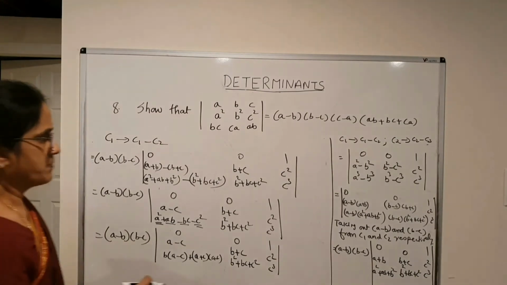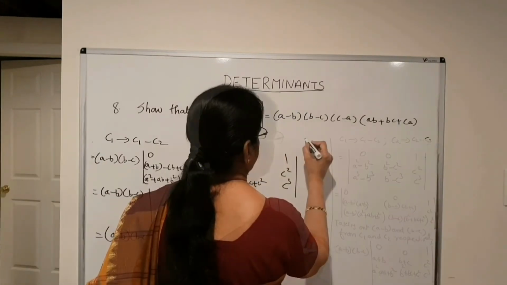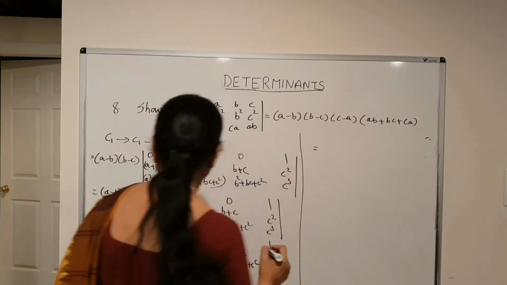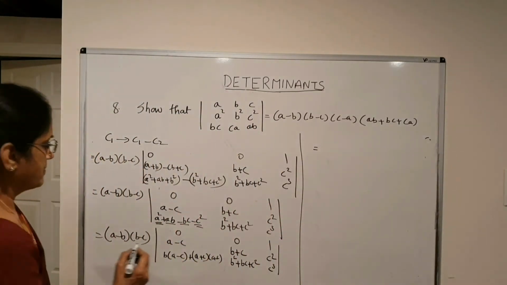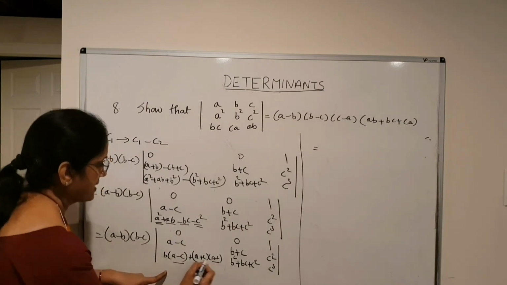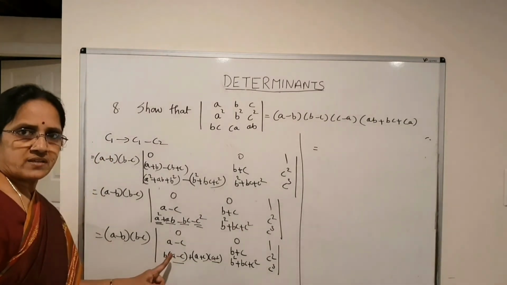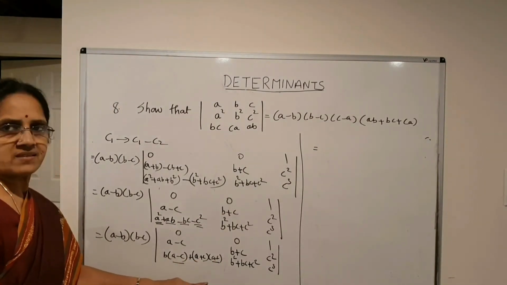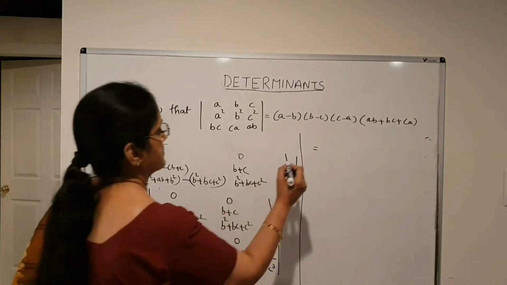Now, the next step is going to be, see here, I can take a minus c and a minus c, I can take it out here. Then inside I will have a plus b plus c. Okay, so let me write that step now.